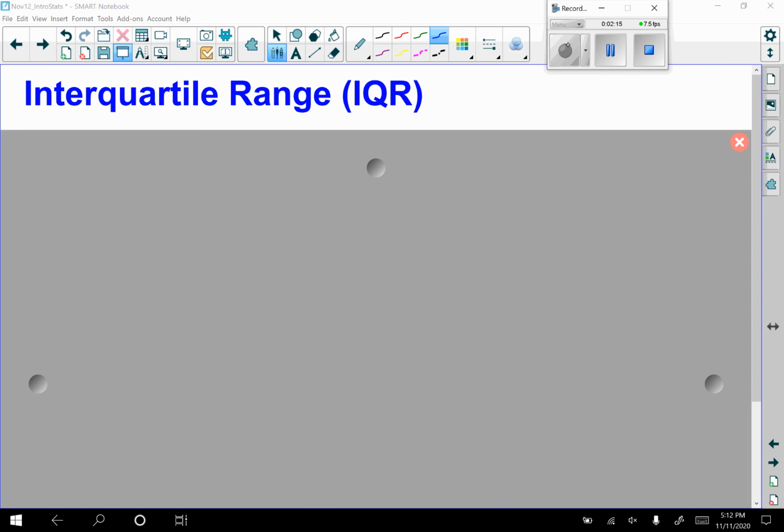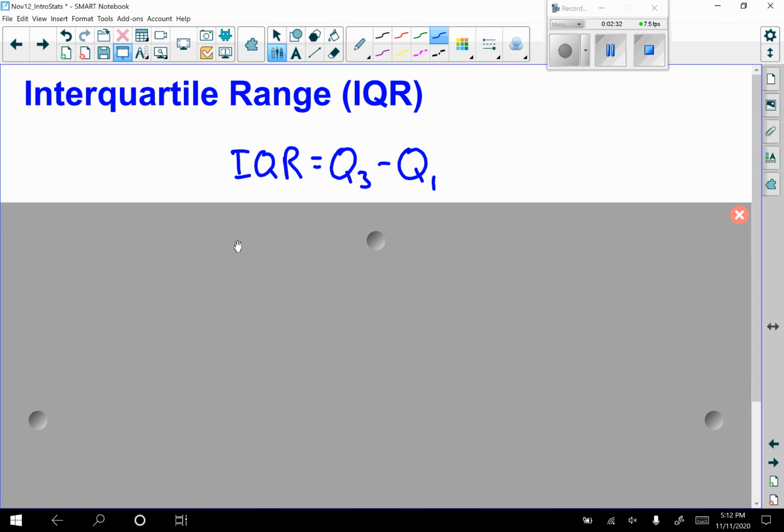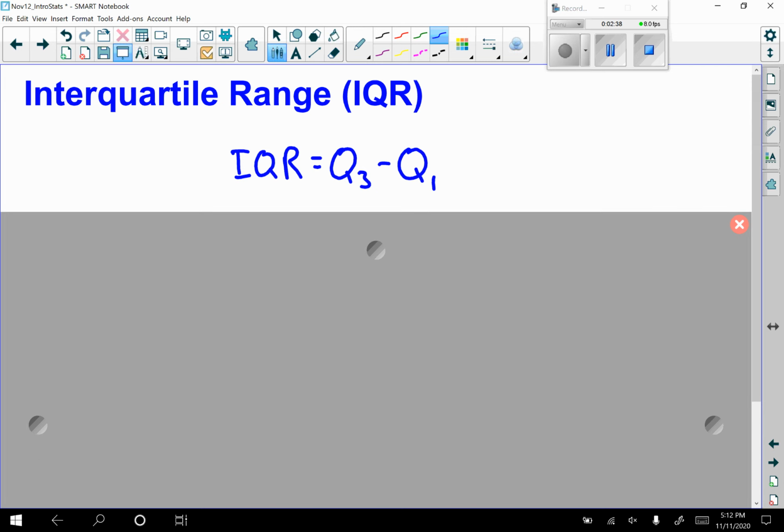So now we're going to look at something called the interquartile range, and this is going to be useful when we actually go to calculate and show mathematically if there are in fact any outliers in our data set. The interquartile range, abbreviated IQR, is the difference between the lower and the upper quartiles, or the difference between Q1 and Q3.